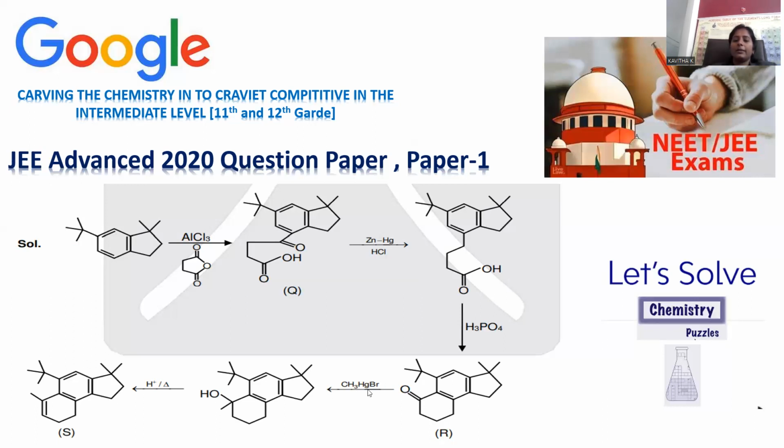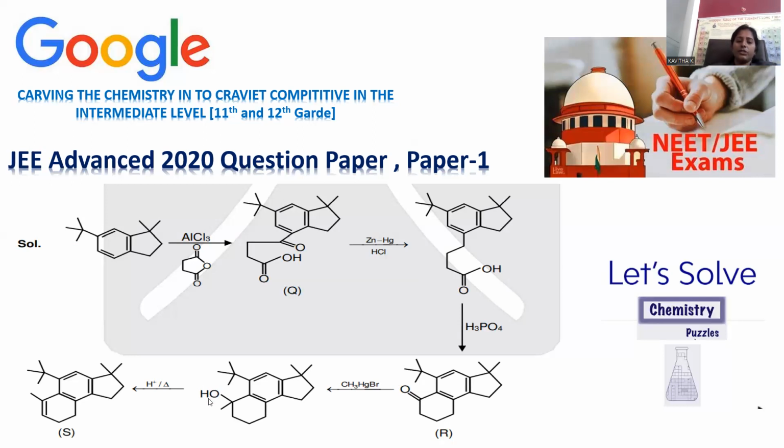Later on, let me add Grignard reagent. CH3MgBr is called Grignard reagent. When Grignard reagent is added, the ketone is converted into a secondary alcohol because of subsequent hydrolysis. So this Grignard reagent is able to convert the ketone into a secondary alcohol, hydroxy.